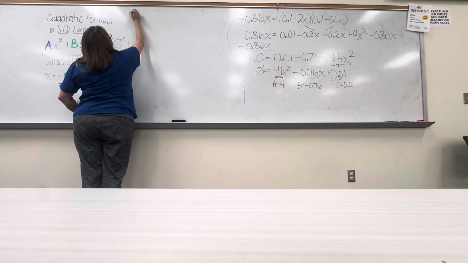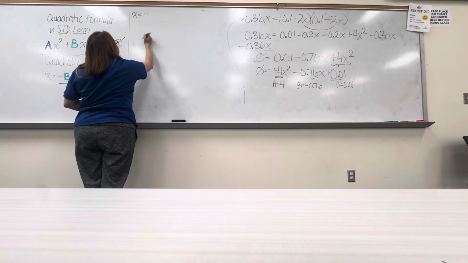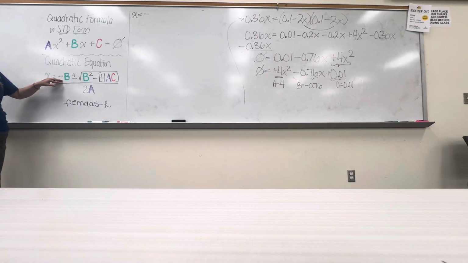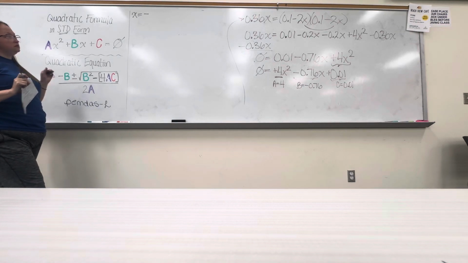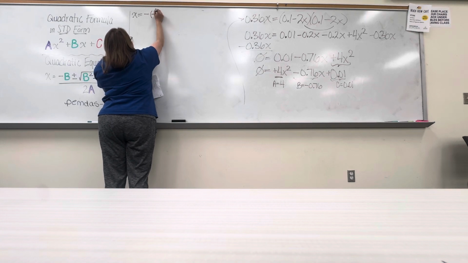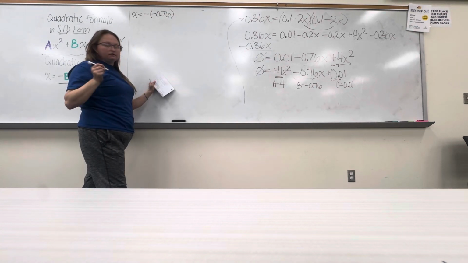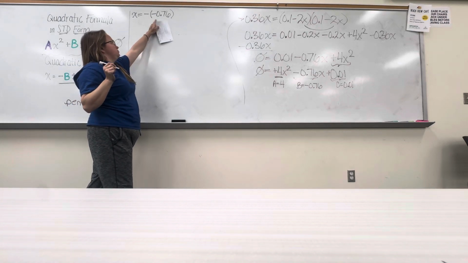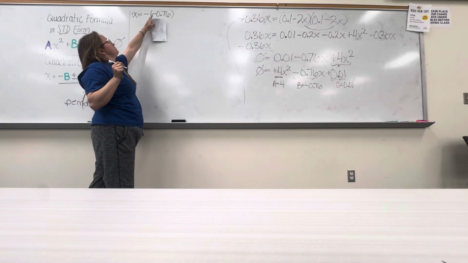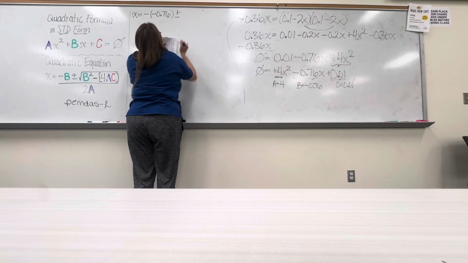So we have x equals negative, what did we say about this negative b? It's the same as a negative 1 multiplied by the equivalent value of b, right? So we can say negative of a negative 0.76, okay? Which is just going to turn out to be positive. Negative times negative is a positive.